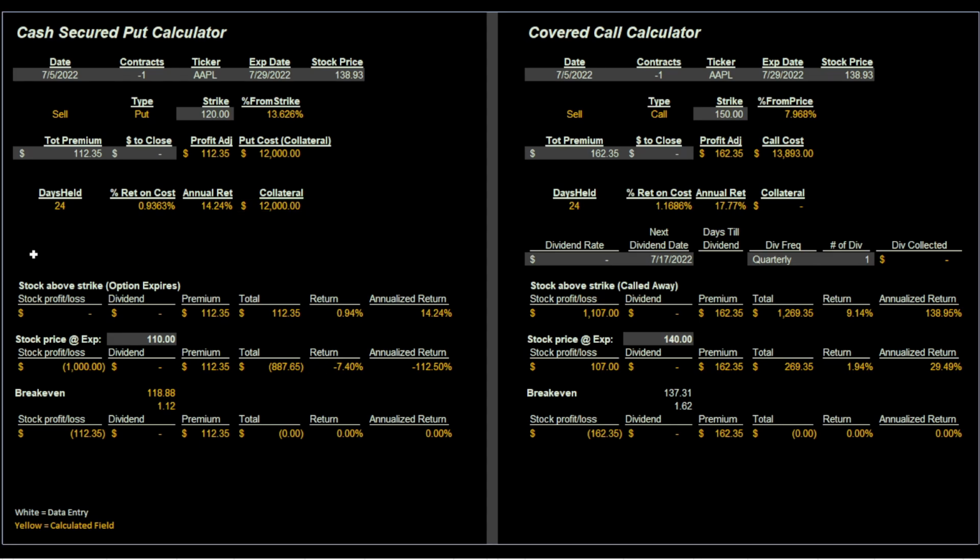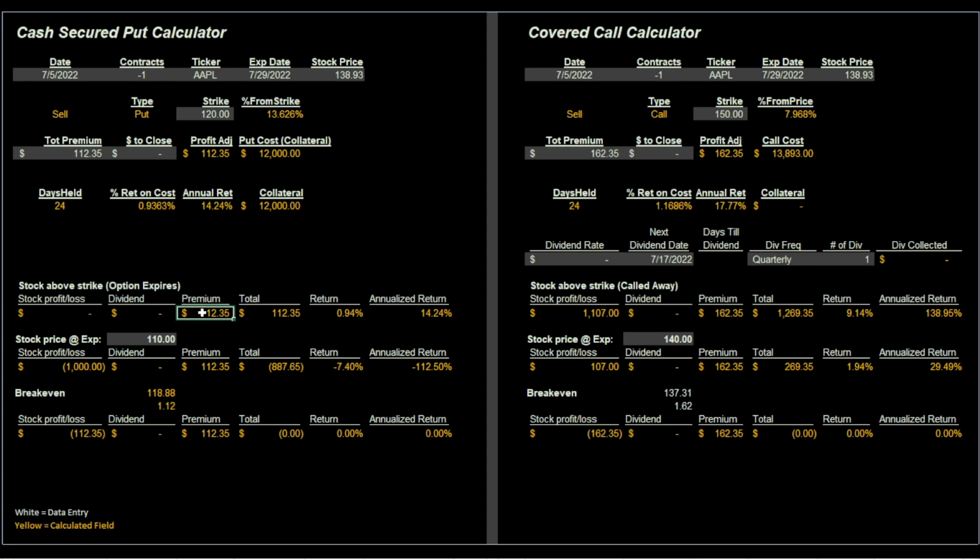Now down here at the bottom, I gave you 3 different ways to think through this trade, to see if it makes sense. The first one here is stock above strike, so the option simply expires. If it comes down to this 7/29 date, you haven't closed it out, and Apple's still at $130, then that option's going to expire.